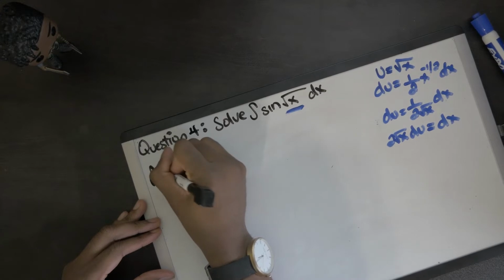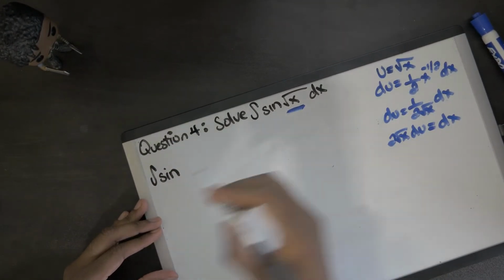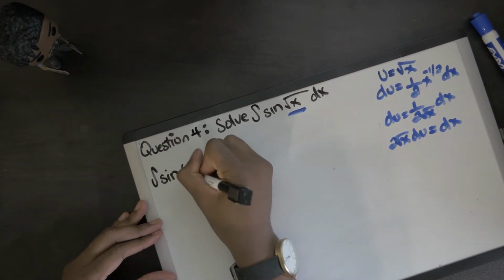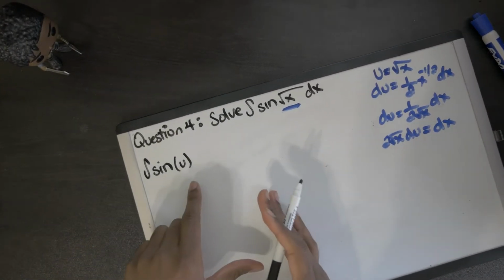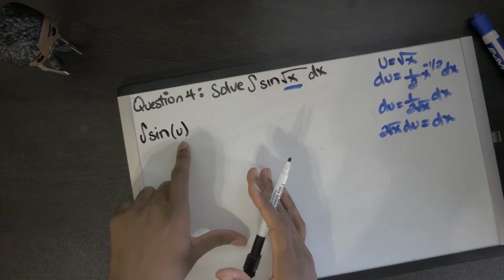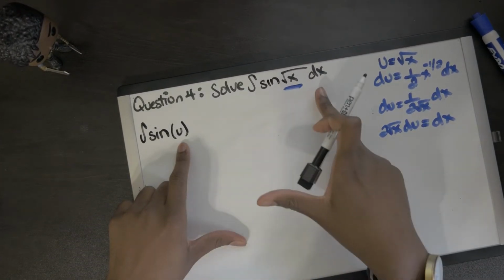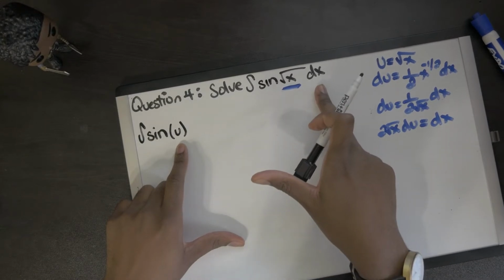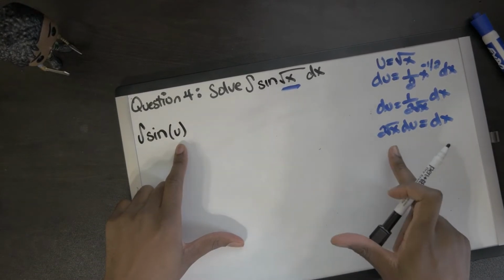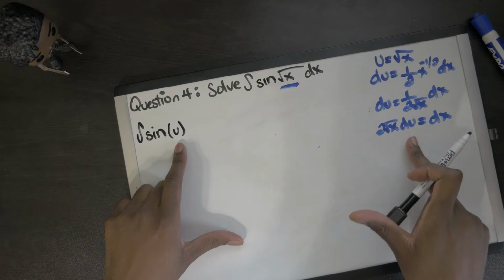So now as we look back into our original integral, we're going to have the integral of sine, and we plug in u. Of course, we have to look at this integral in respect of u now, so instead of dx, we have to use du. And now we know the value of dx: it's 2 root x du.